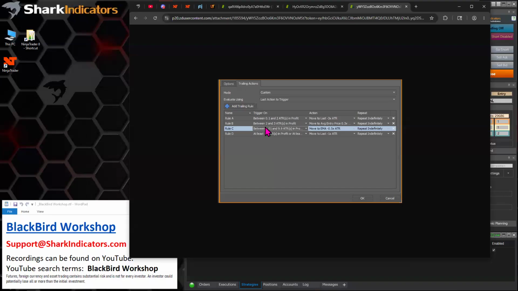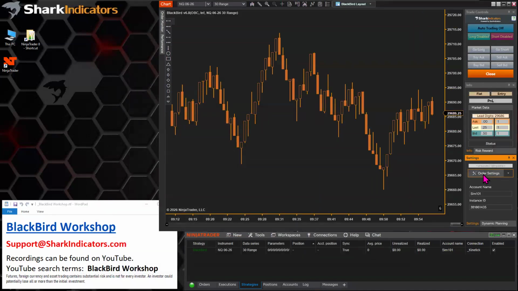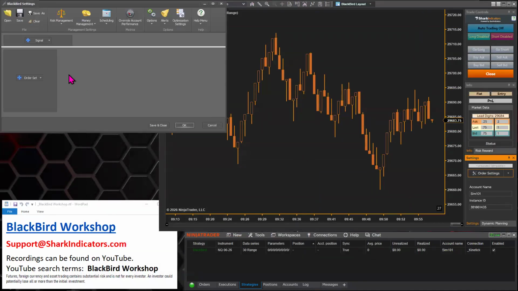What we're going to do is combine all of these profit targets and use the mode within the trigger to set up a sequential execution of each trailing rule. So with that, let's get Blackbird open and get started.